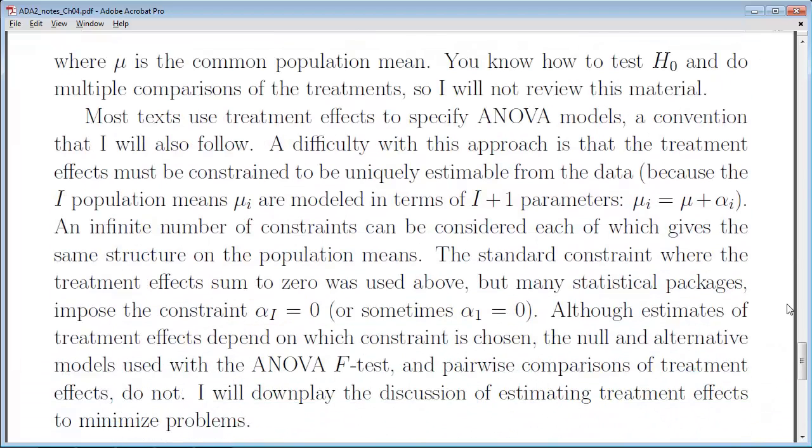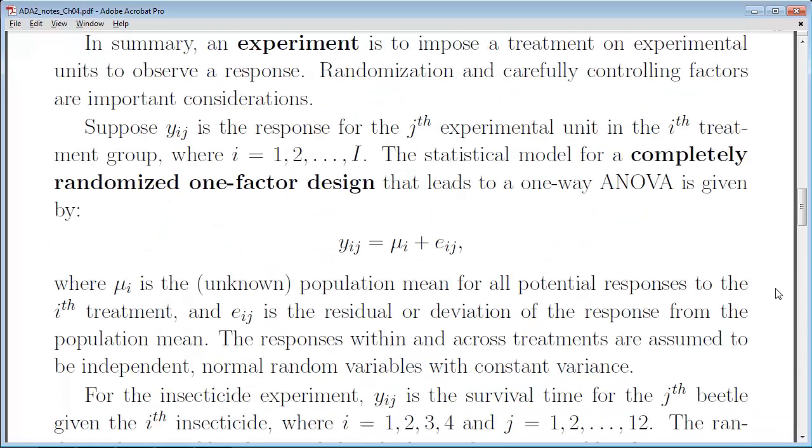This last paragraph simply says there are those two ways of modeling this, and they're equivalent, and it really depends on the software how you do it. In particular, when we fit models in R, let me page up for a moment.